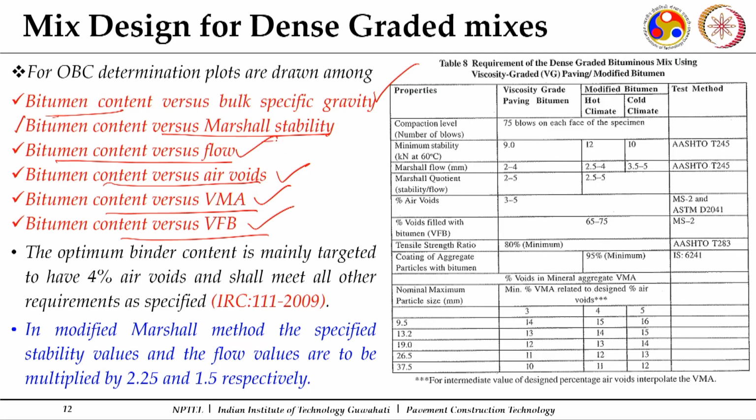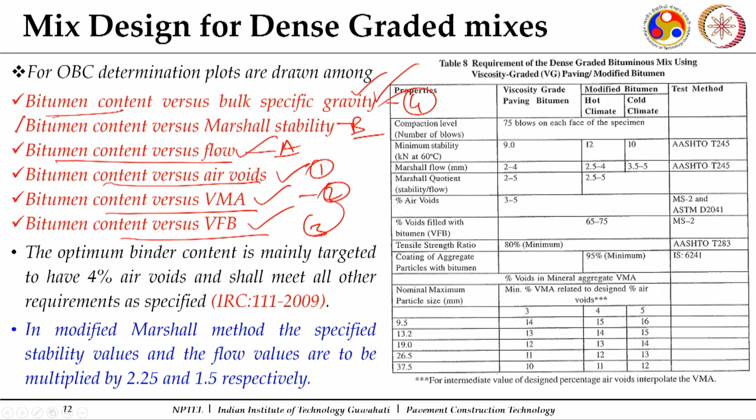So, these 4 parameters we got from the volumetric measurements, and along with this the 5th parameter, which is the density measurement. The stability and flow we got from the stability and flow measurement.